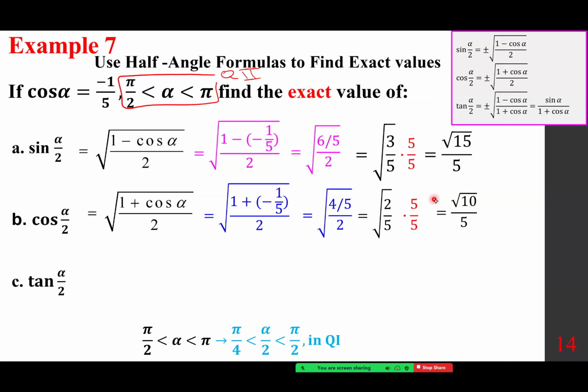Now, for tangent, I'm not going to use any of those formulas because I have those two. If I didn't calculate sine and cosine, I'd have no choice but to use one of those formulas. But I've already done the work. So I'm going to write tangent is sine over cosine, this one over this one. I take the easy way out. I plug in.